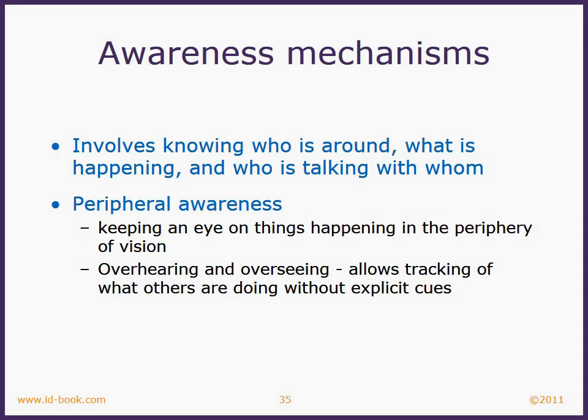Awareness mechanisms are important. They involve knowing who is around, what is happening, and who is talking with whom. Peripheral awareness is like keeping an eye on things happening in the periphery of the vision, overhearing and overseeing, tracking what others are doing without explicit cues.